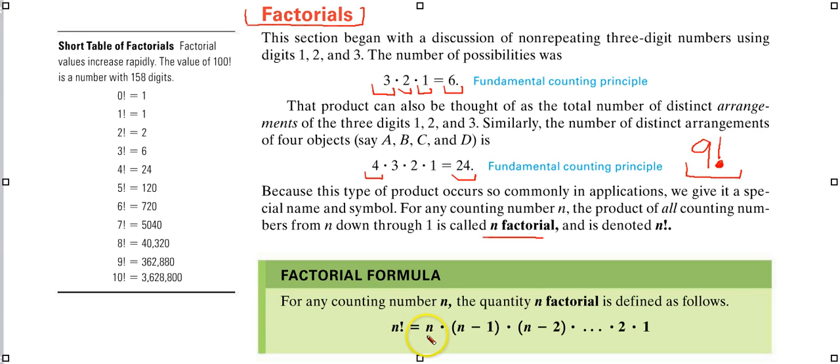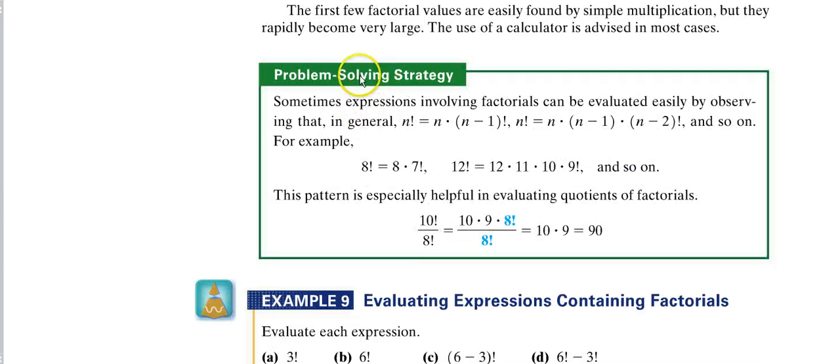So you start off with n, then you subtract 1 from the n, and then 2 from the n, and then eventually it goes to 2, 1. Now, a problem-solving strategy is if they give you an example as a factorial, and it's 8 factorial, you can write the 8 and then go times 7 factorial.